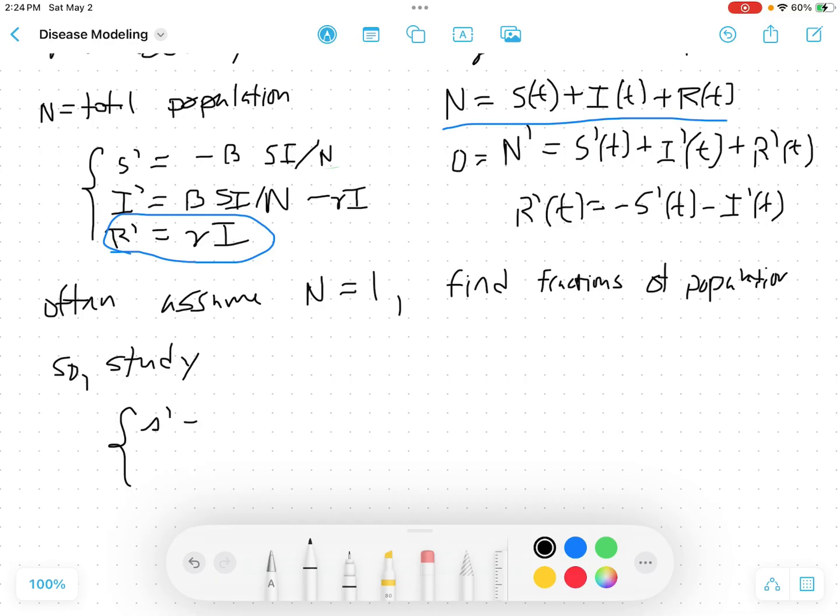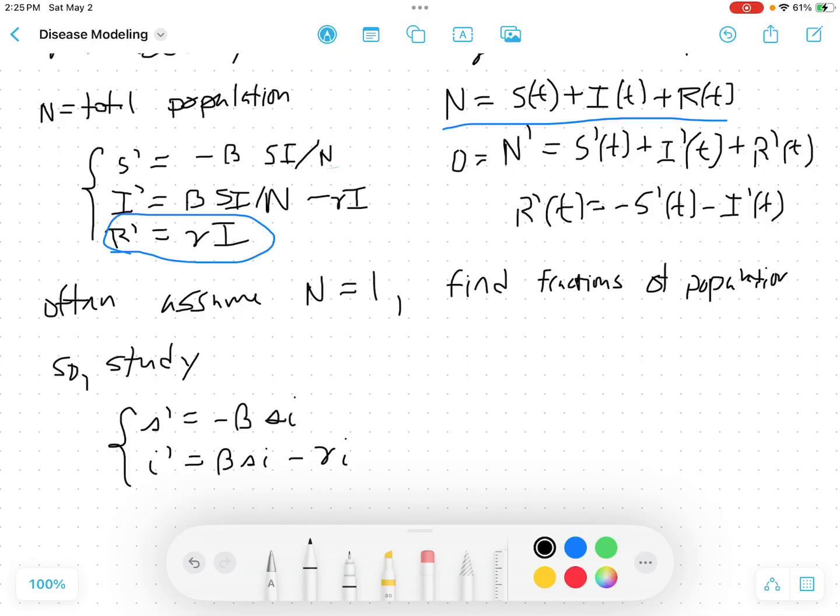So lowercase s prime would be equal to negative beta times lowercase I. Well, actually, first I should write an s, but even if it's coming second in what I'm writing down, lowercase I here would be the fraction of individuals who are infected, and then this N became 1, so I can start ignoring that, and then I prime is equal to beta times s times I minus gamma times lowercase I.